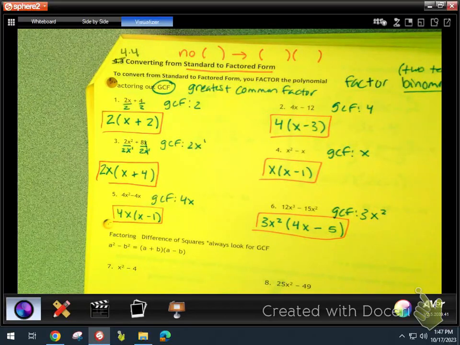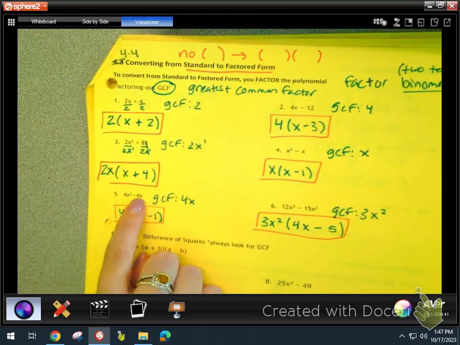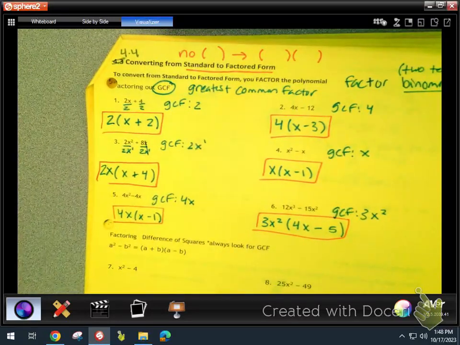Things to be careful for. On number 5, I'm going to come back to this problem in a minute and talk about it. But here's something that sometimes people forget to do. When your second term is your GCF, so like 4x is my GCF, people will forget to put that actual number there.